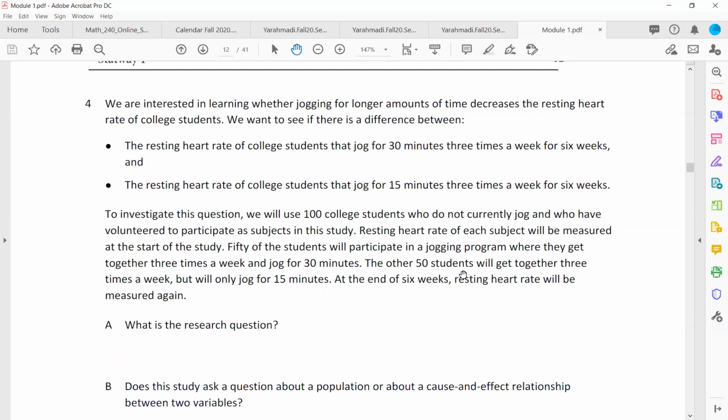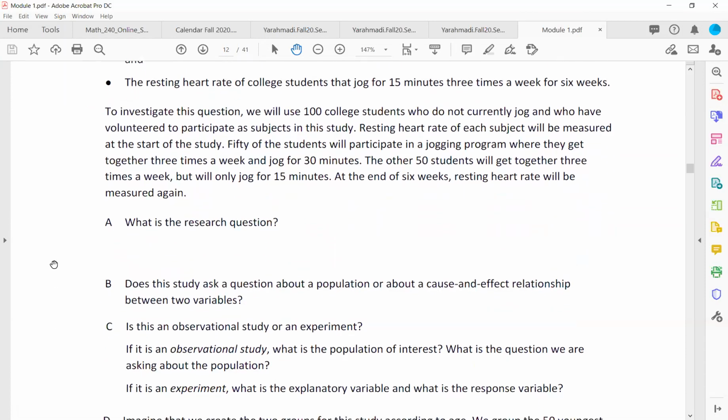The other 50 students will get together 3 times a week, but will only jog for 15 minutes. At the end of 6 weeks, resting heart rate will be measured again. So resting heart rate is the dependent variable. It's changing.